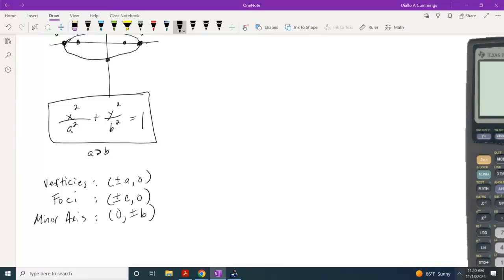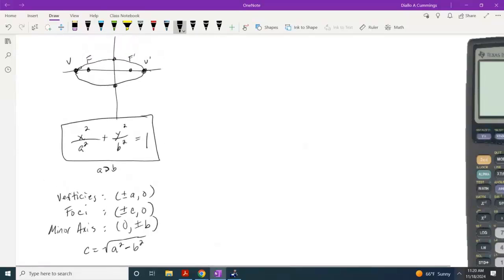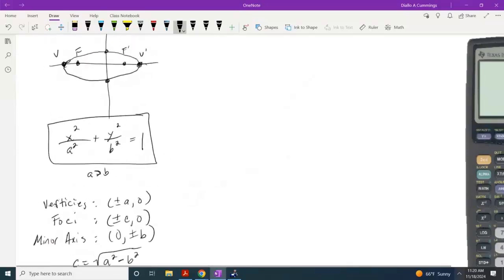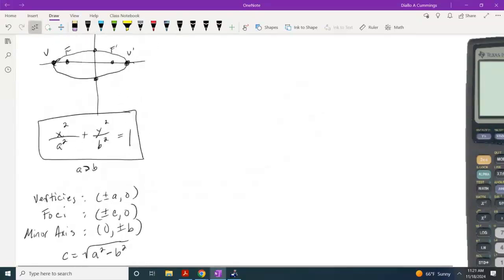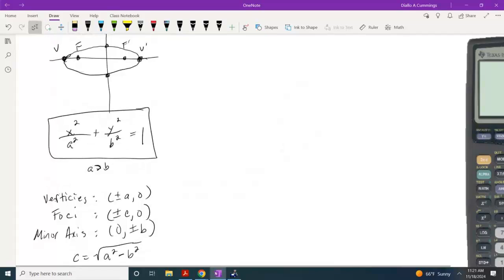And lastly, we haven't talked about c. C has its own formula. C is equal to the square root of a squared minus b squared. These are all of the formulas related to an ellipse with a horizontal axis.